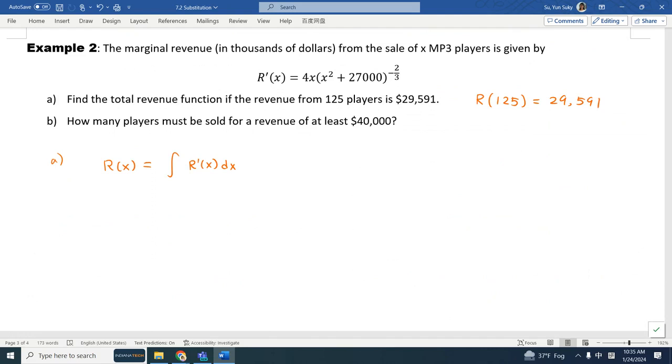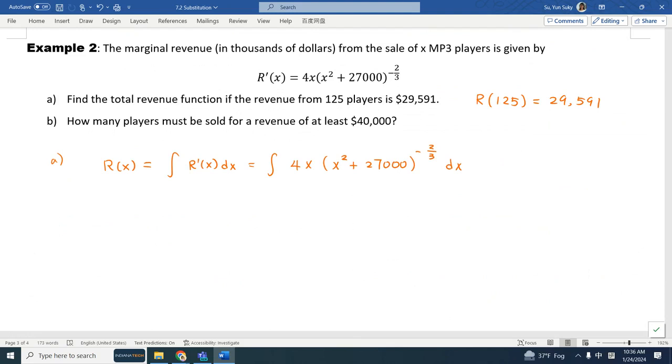So we have this number. This number will help us to figure out the C. Okay. So the function is the integral of 4x times x squared plus 27,000 to the negative 2 over 3 dx. So this is our integral.